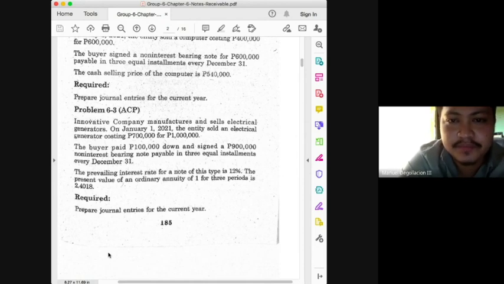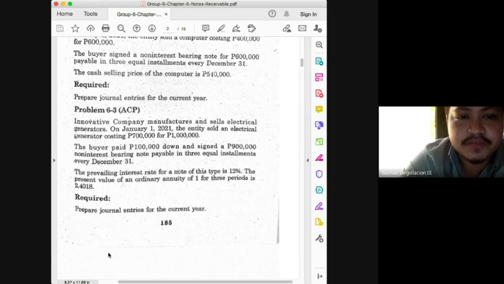What do I mean? From this transaction, we will have a debit to our notes receivable in the amount of 900,000, and then a credit to our unearned interest income in the amount of 179,460.